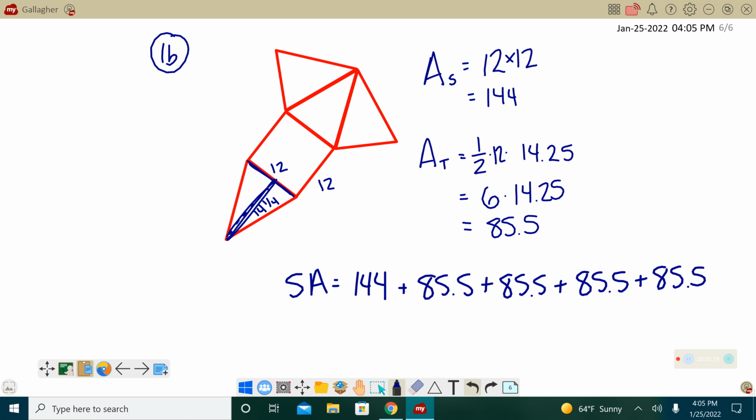When you add all of these together, you should get 498. Our dimensions were inches, so we need inches again. This is a surface area. Area is a two-dimensional thing, so it should be inches squared.